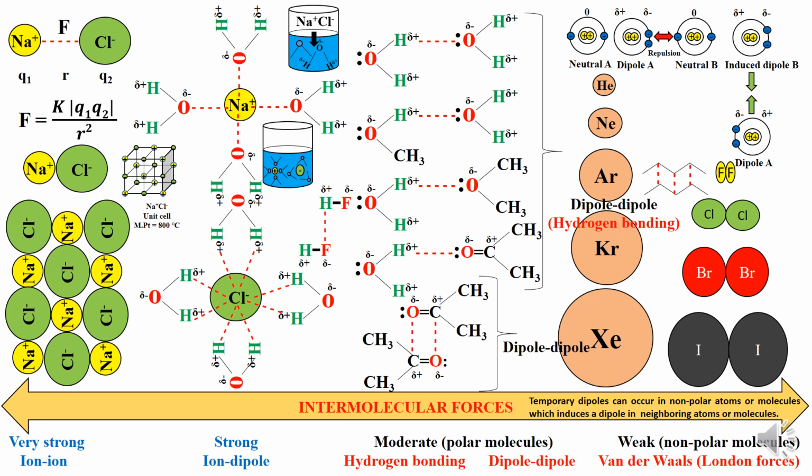You have two atoms with dipoles and they attract each other, and this attraction forces the two atoms to come close together because the positive and negative ends attract each other.